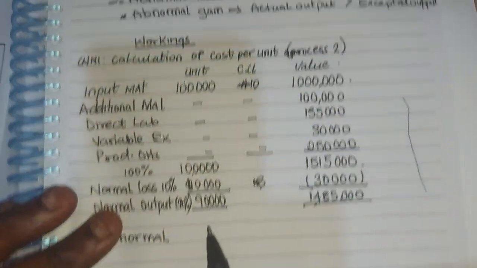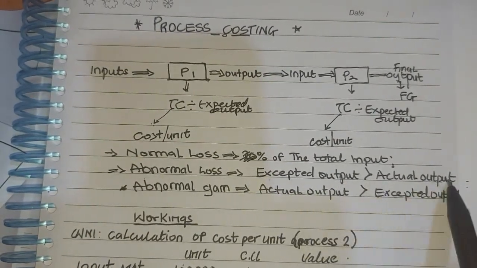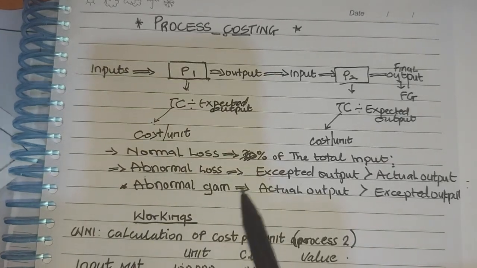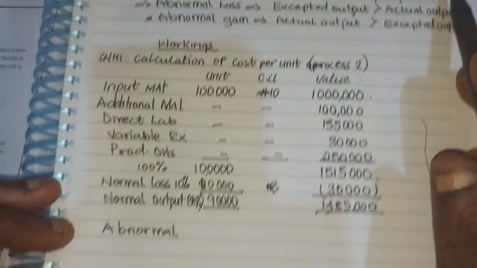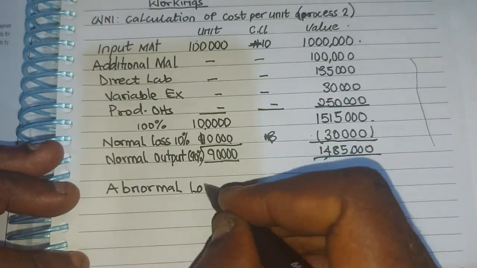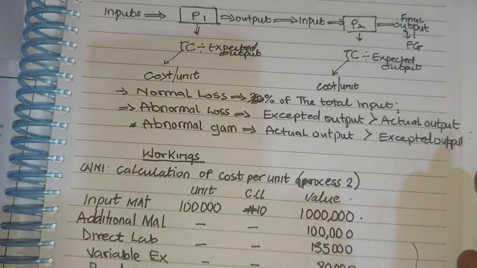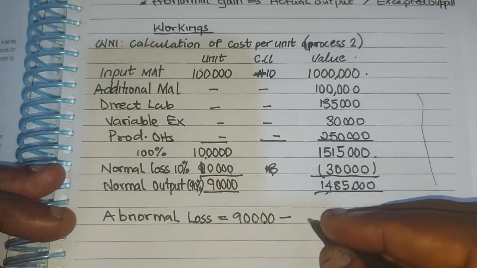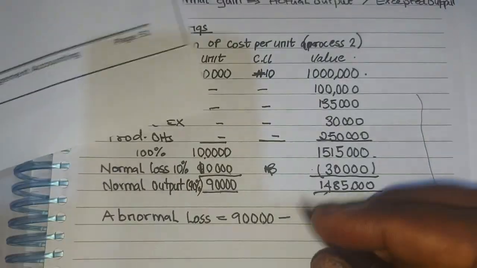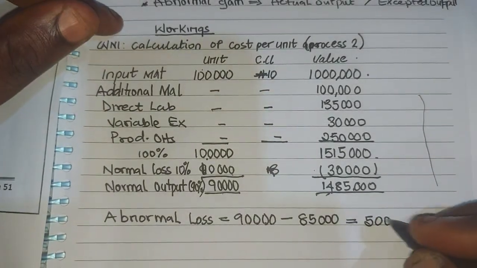Then I told you that abnormal loss is when the expected output is more than the actual output. So we are going to have an abnormal loss. So we have 90,000 minus the actual output in this question, 85,000, and that is 5,000 units.